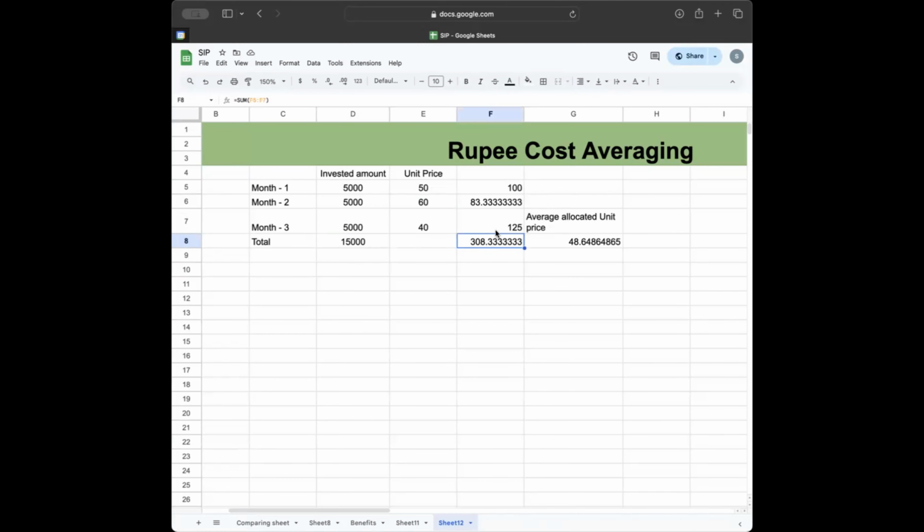These 308 units are allocated at an average of 48.6 rupees. So even though I bought units at 50 and 60 in the first 2 months, any unit price above this average of 48.6 is a profit for me. This concept is called rupee cost averaging.